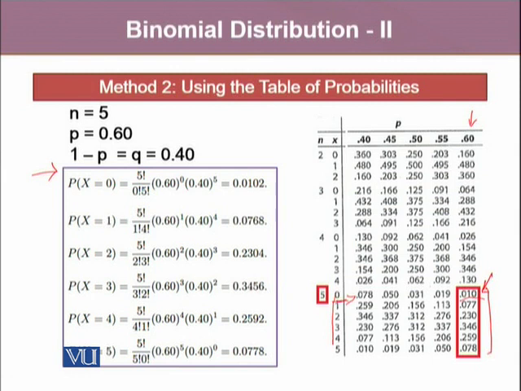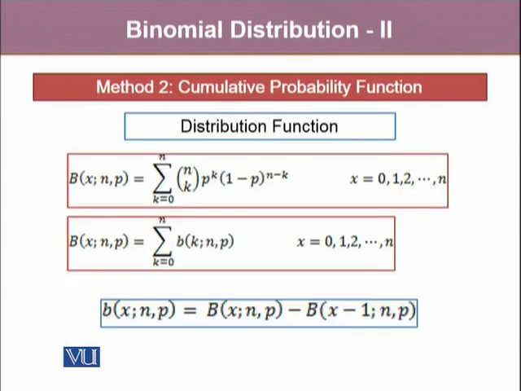Similarly, for x equals 1, 2, 3, 4, and 5, we have obtained these different probabilities. And you will notice that the probabilities obtained using the formula and the table are the same. So we can use either the table or the probability mass function to find out the probabilities for certain experiments.